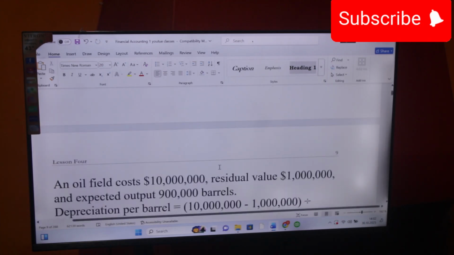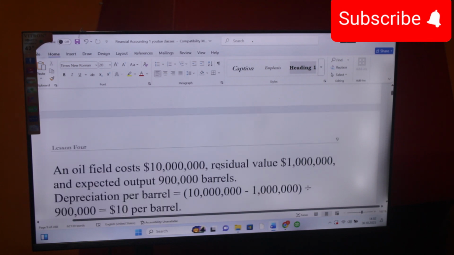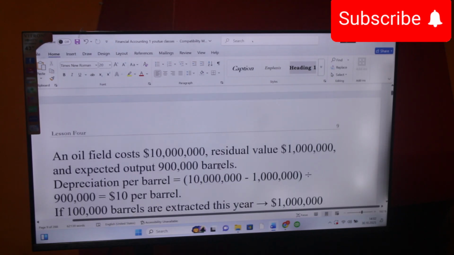Now, let us give ourselves an example. An oil field costs 10 million, residual value is 1 million, and is expected to have an output of 900,000 barrels.